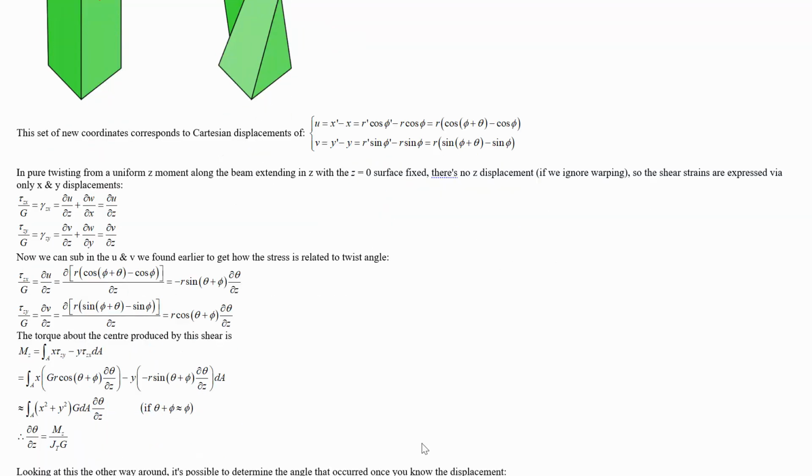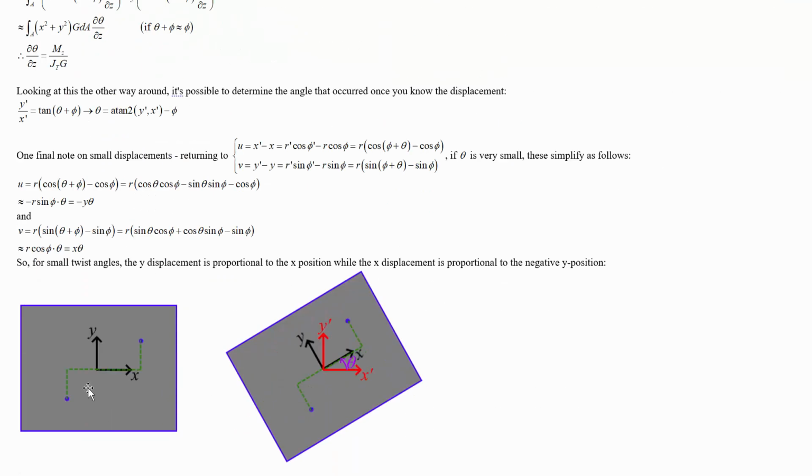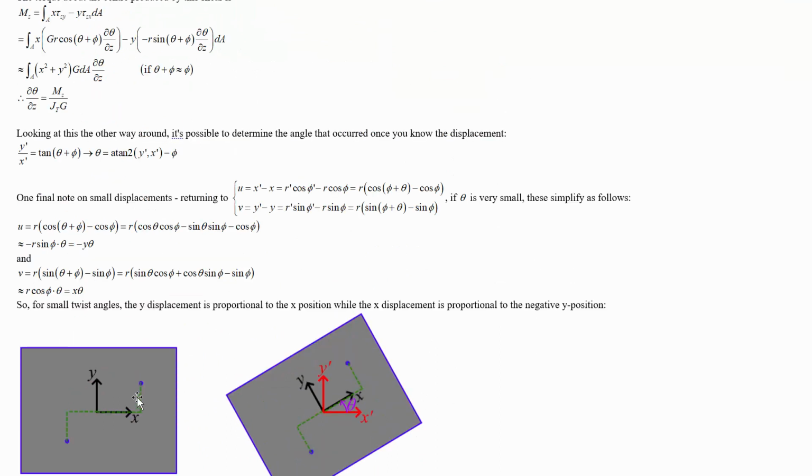So this shear stress is going to be leading to a torque about the center, which is given by this integral. We're going to integrate the x position. So the x position times the stress in the y direction will create a positive torque about z, and the x stress times the negative y position will also create a positive torque about z.